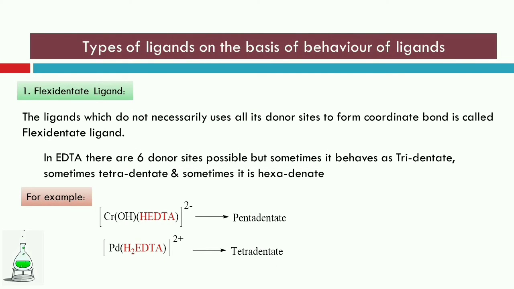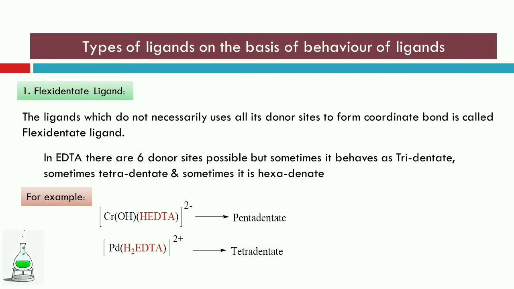In this slide, we will see the classification of ligands based on their behavior. The first one is flexidentate ligands. There are some ligands which have 2 or more donor atoms, but do not necessarily use all their donor sites to form coordinate bonds with the central metal atom; these are called flexidentate ligands.